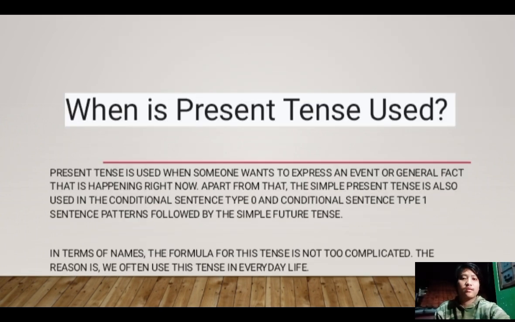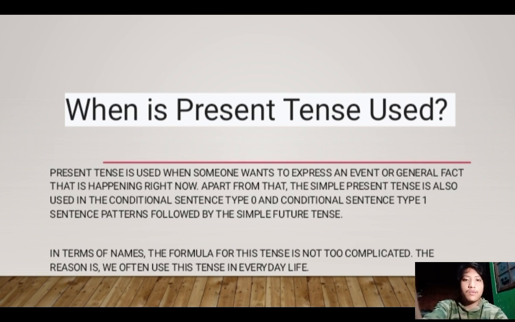When is present tense used? Present tense is used when someone wants to express an event or general fact that is happening right now.